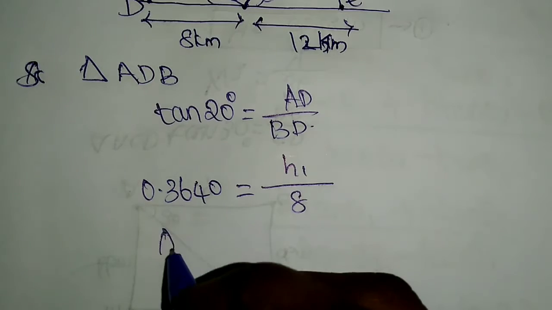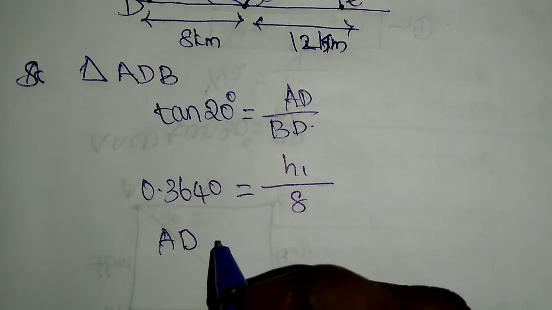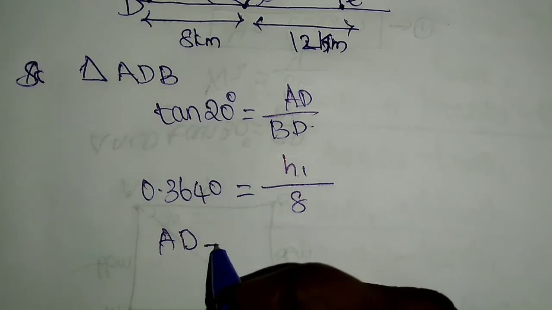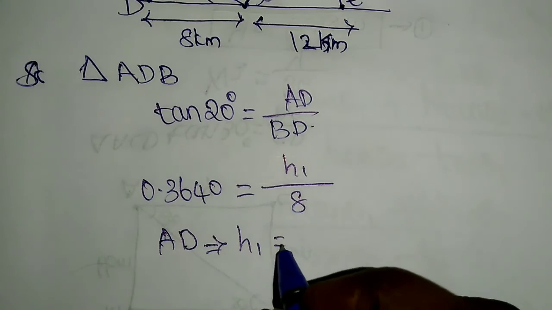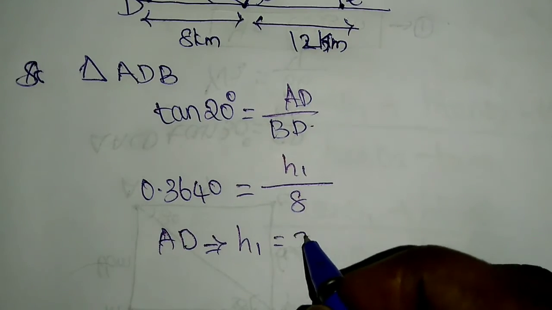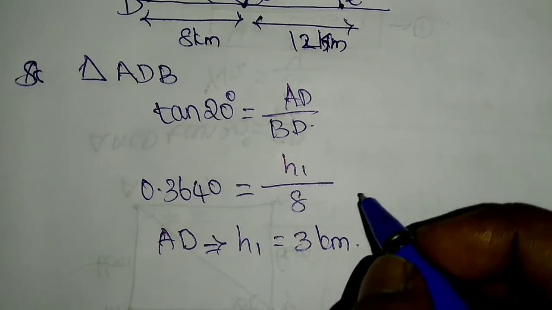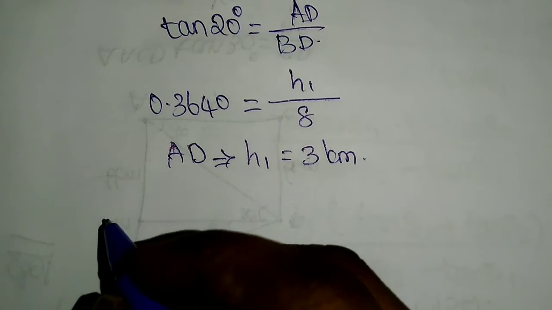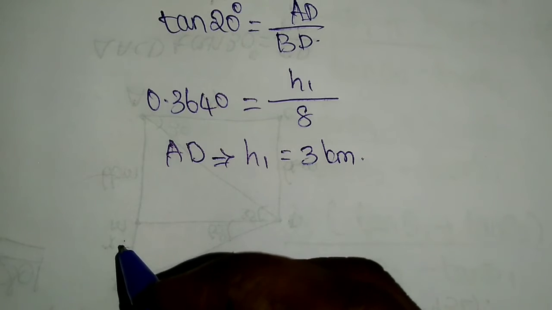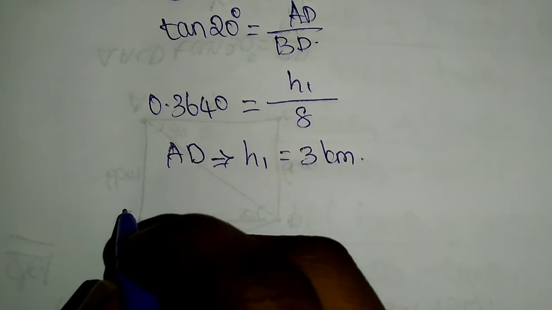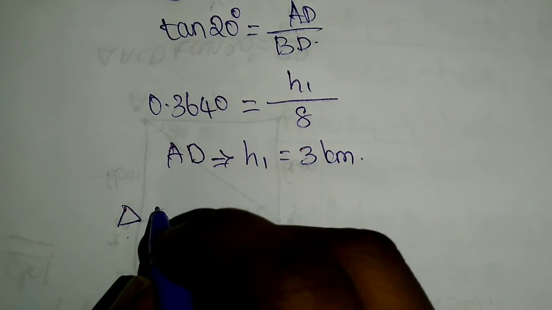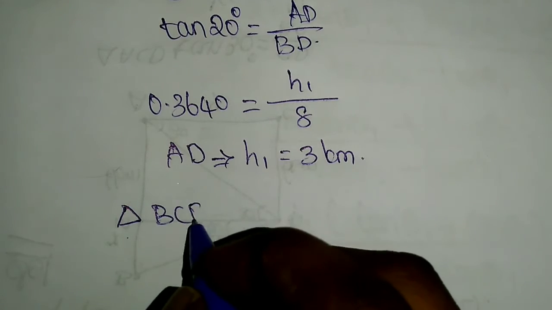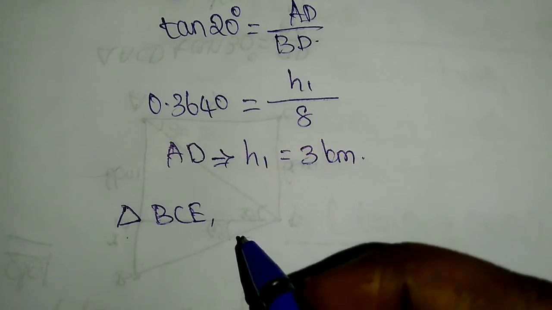So here AD, that is H1, is approximately equal to 3 km. Okay. Here we get 3 km. From the triangle BCE we have to find the H2.